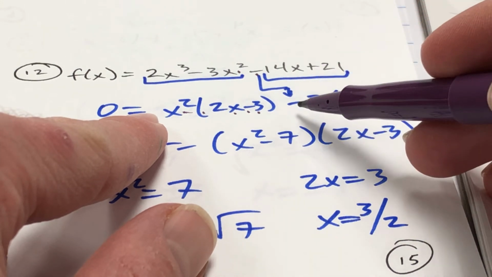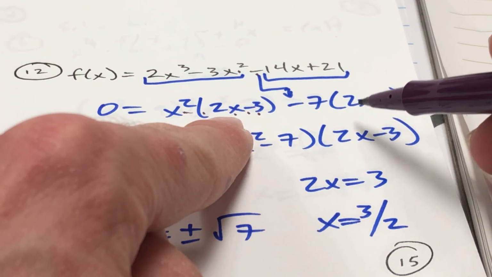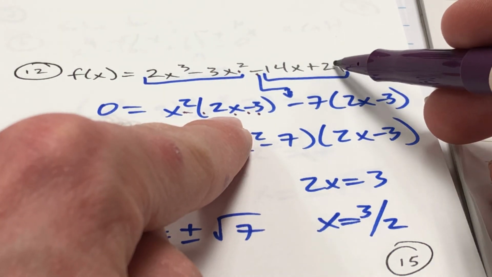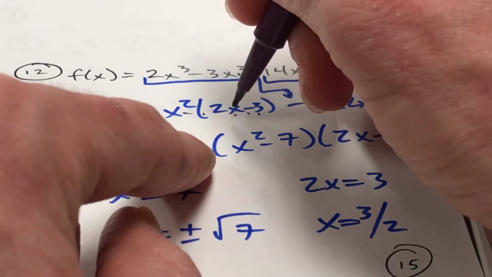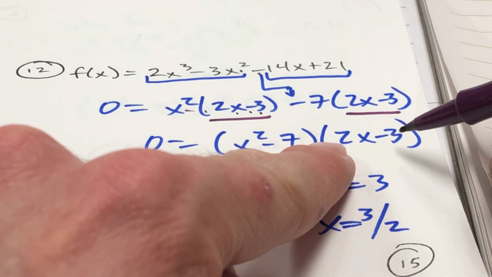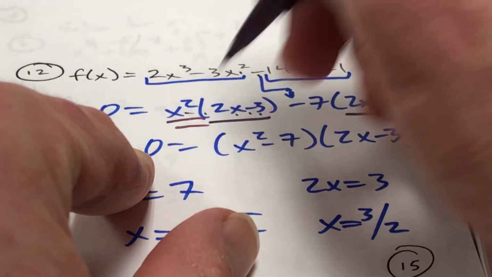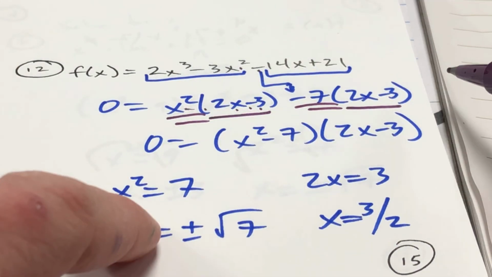Negative 14x divided by negative 7 is the 2x that you need. You need a positive 2x. It has to match up exactly. Positive 21 divided by negative 7 is a negative 3, and that's what you need. 2x minus 3 twice goes together in one parenthesis. X squared minus 7 goes together in the other parenthesis. Just kind of working backwards here.